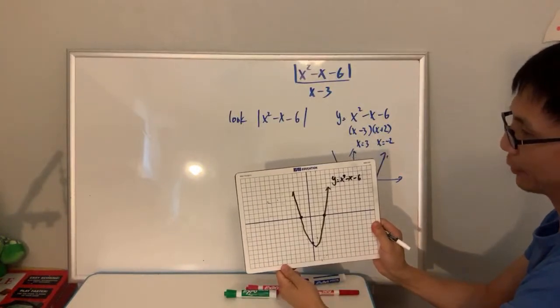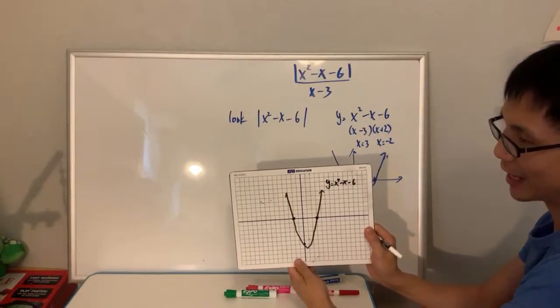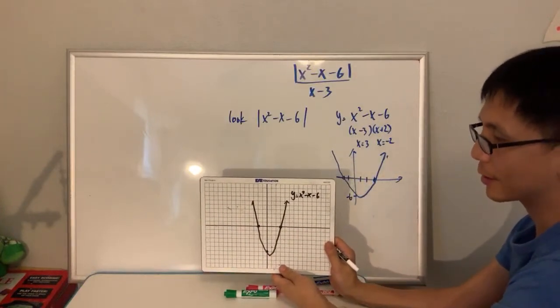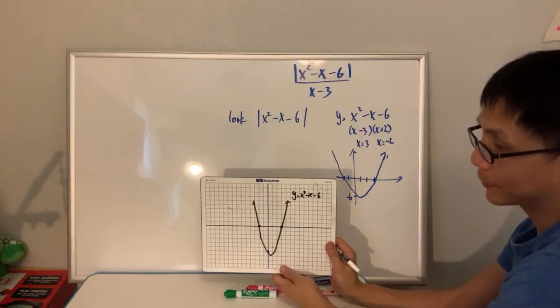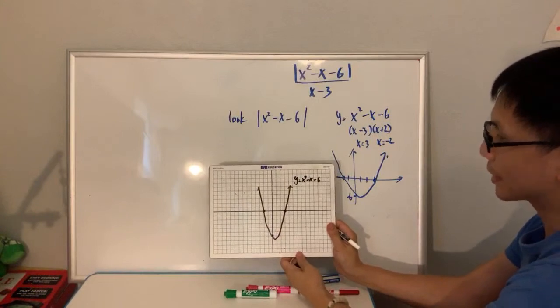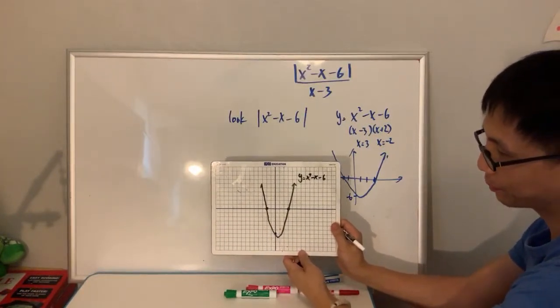Now what's the absolute value of this graph? Well, the absolute value makes anything negative become positive. That's why they put it on those test questions: do you know the absolute value graph? Basically, this part here I'm going to illustrate in terms of graphing, and that's going to help you. Anything negative is going to become positive.